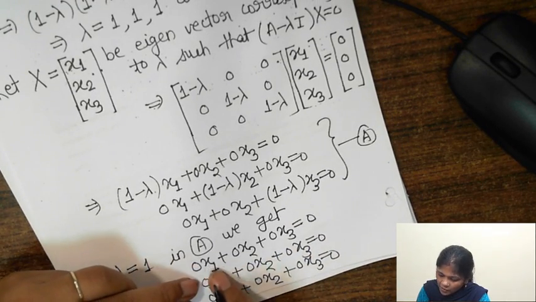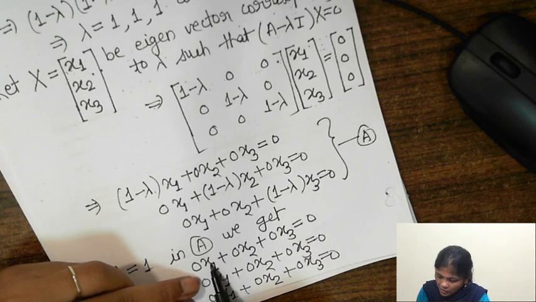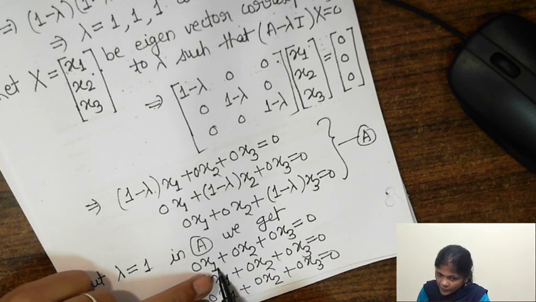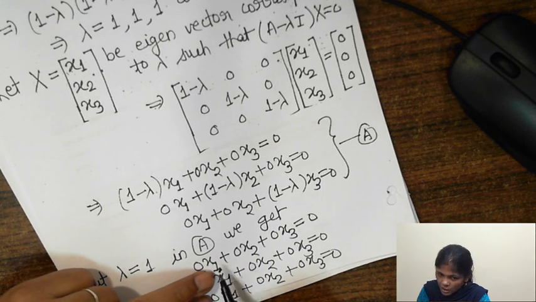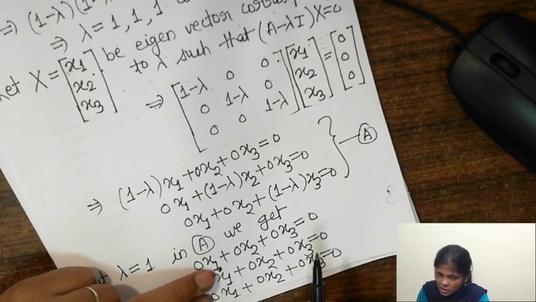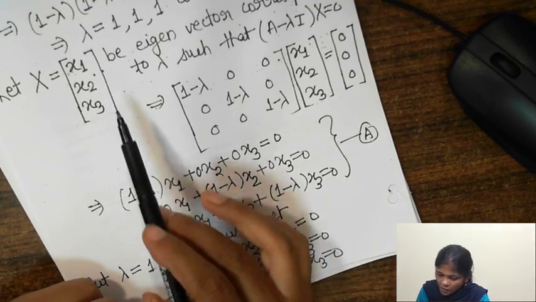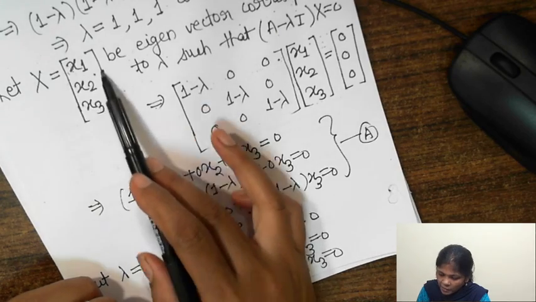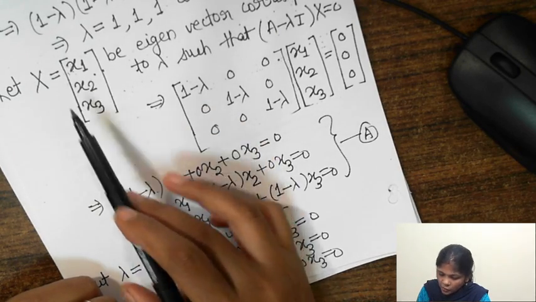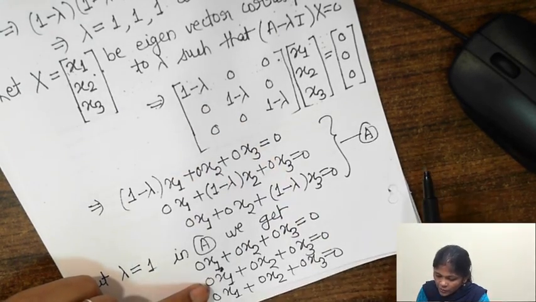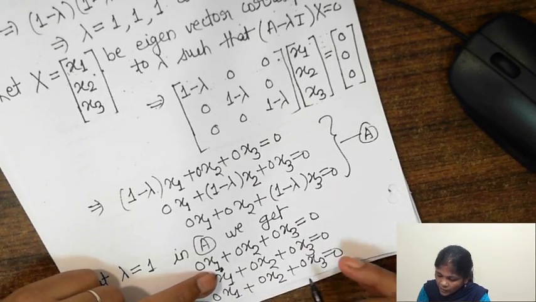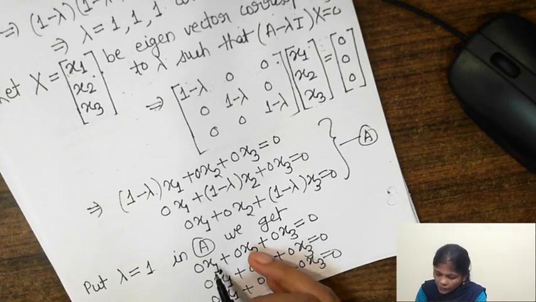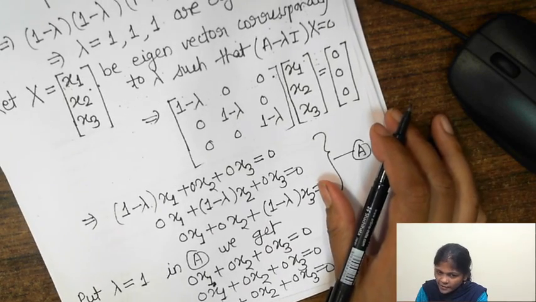So it means here we have a choice. Either we can take x1 as non-zero or 0 as per the requirement, and x2 is also a similar case. As per the requirement of an eigenvector, all elements should not be 0; at least one element should be non-zero. So here I will take x2, x3 as 0, and I am taking x1 as non-zero.